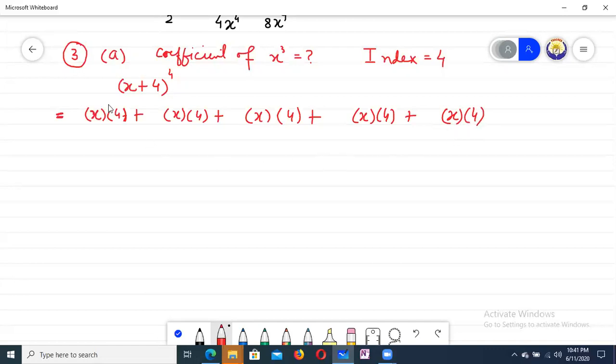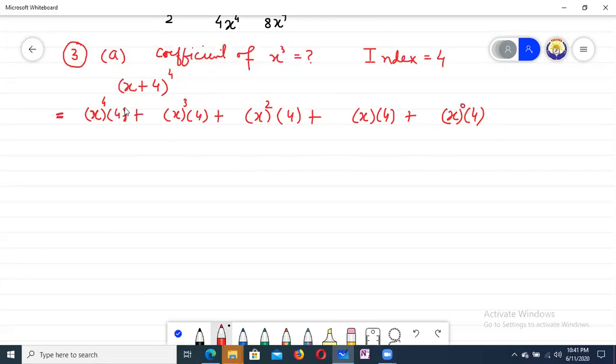Now we'll place here the index from 4 and decrease gradually by 1. 4, here will be 3, here 2, here 1, and here will be 0.